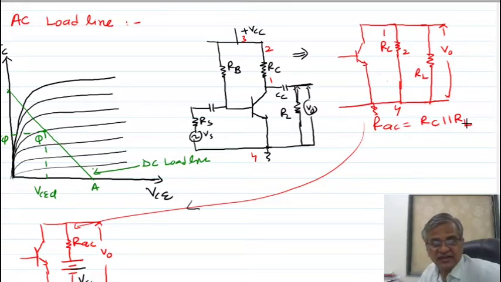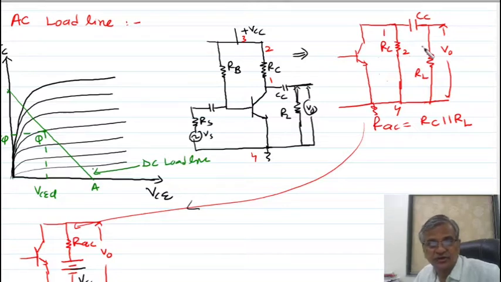RC and RL. Now suppose somebody says they want to consider the reactance of the coupling capacitor. I do not mind; if you consider that it offers some resistance, you have to consider that resistance in series with this resistance.